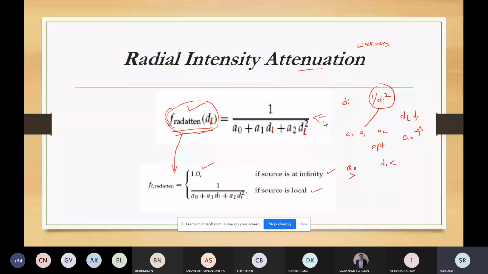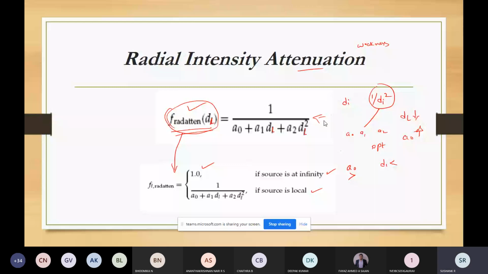Here, based on the distance, you are considering the attenuation factor also. So next, any doubts here? Any doubts with respect to radial intensity attenuation? So till now, what we have studied is the illumination model.